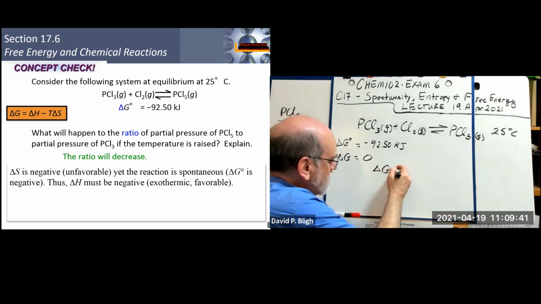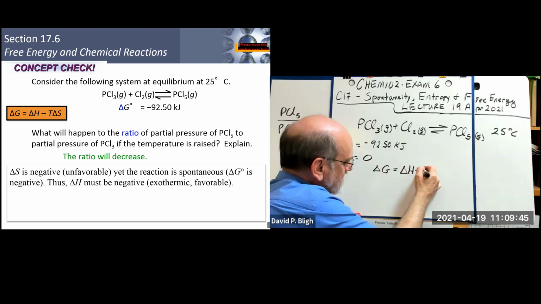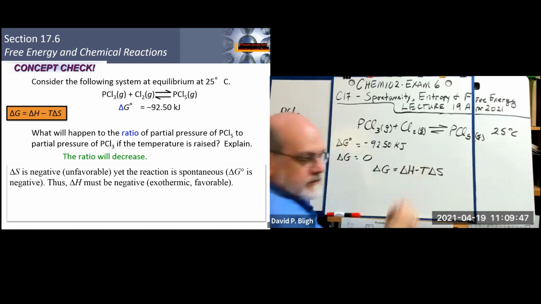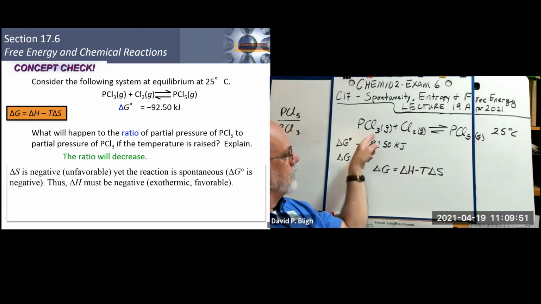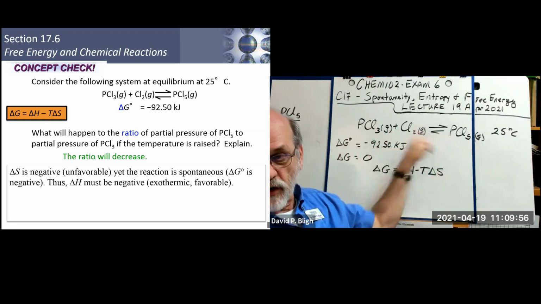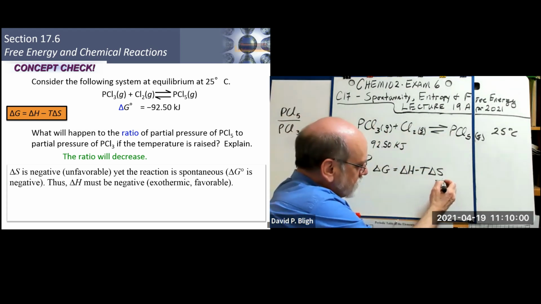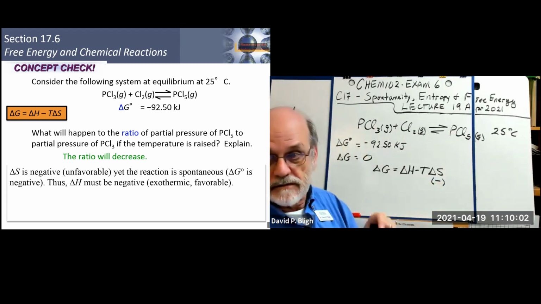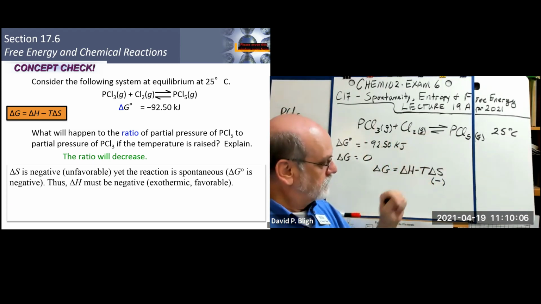Delta G equals delta H minus T delta S. Okay. So what's happening to the delta S here? We're going from 2 moles down to 1 mole. This term is negative, right? We're decreasing the number of particles in the same space.